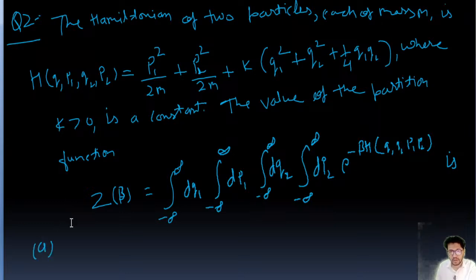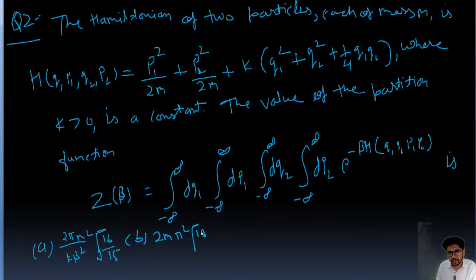Options are: option A, 2 pi m square upon k beta square, root 16 upon 15. Option B is 2m pi square upon k beta square, root 15 upon 16.